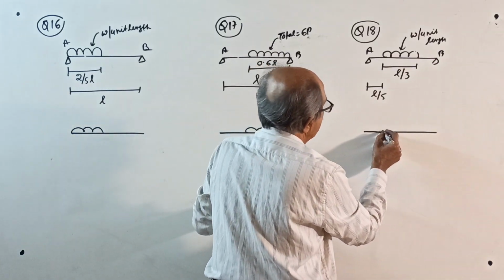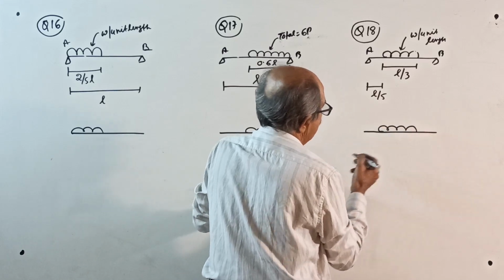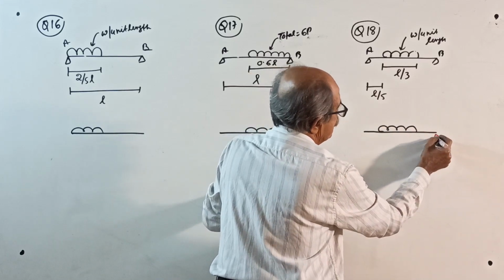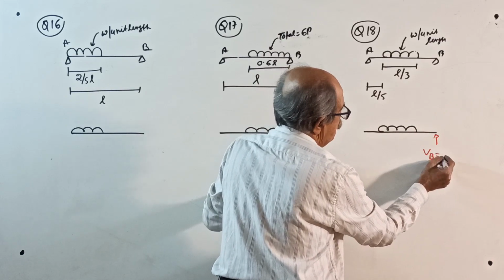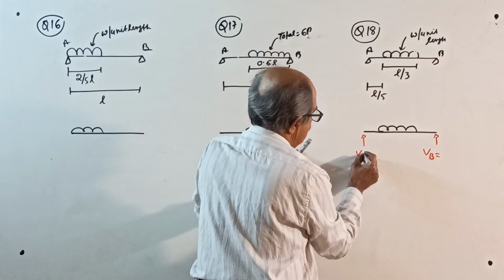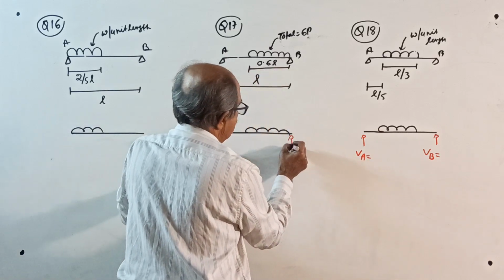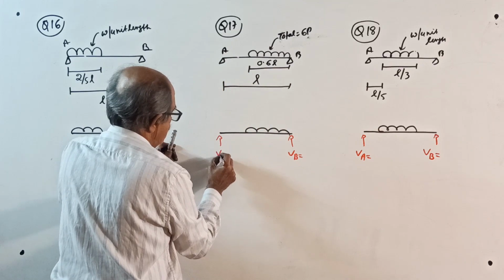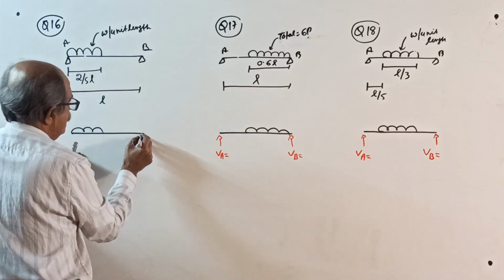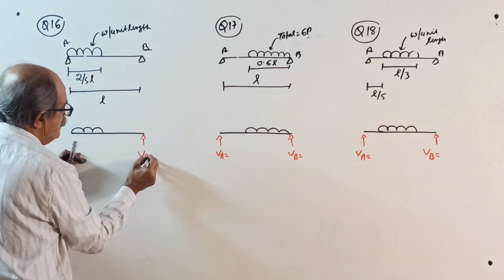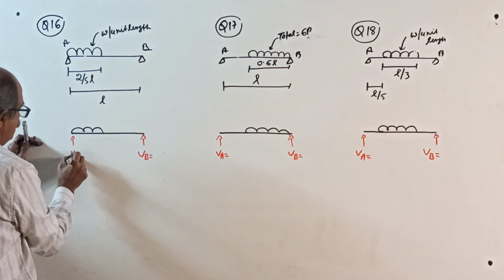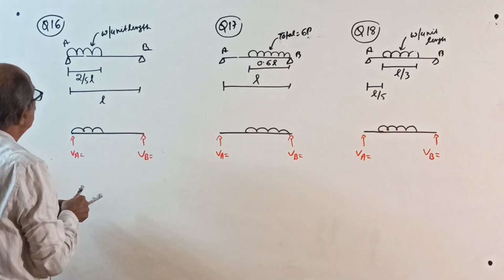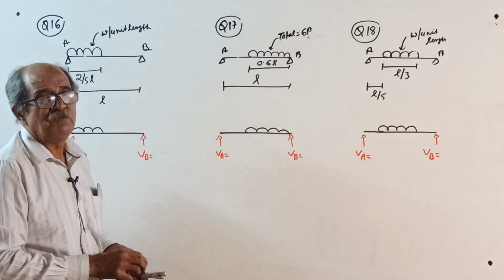This is to show the loading, L by 5. Okay. VB, VA. VB, VA. VB, VA. See, in this question, they given 2 by 5L.